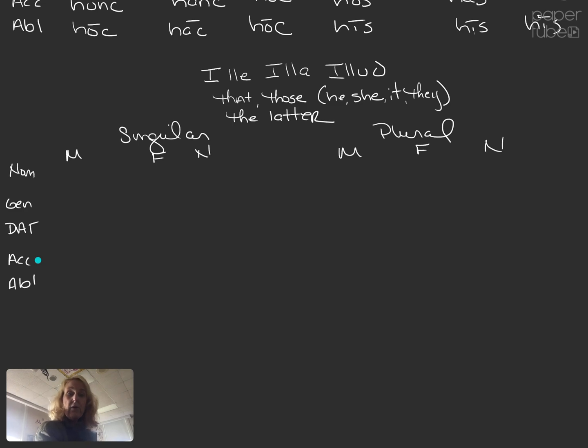Again, I'll write out all the pronoun forms. And then it can also be used as a modifier, like hic ager, this field. That's why I kind of hemmed, but yes, it's considered a pronoun.